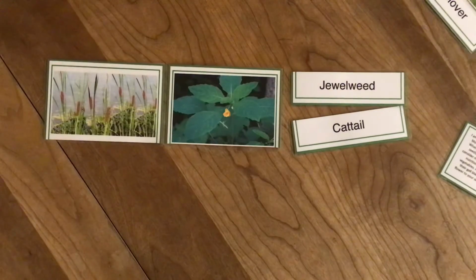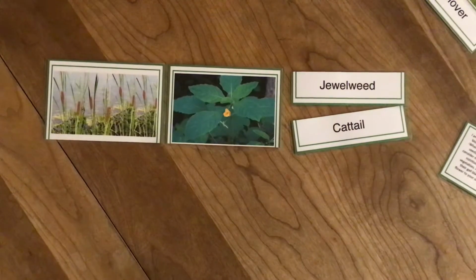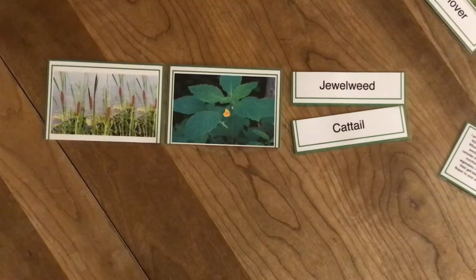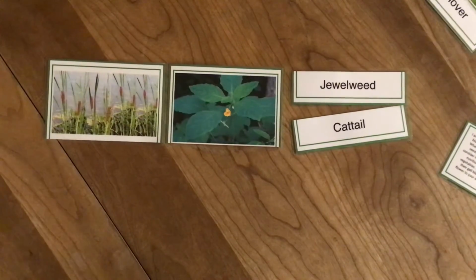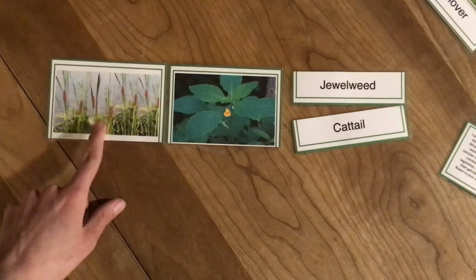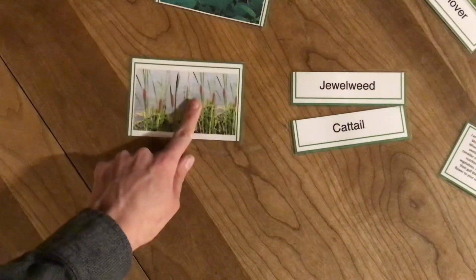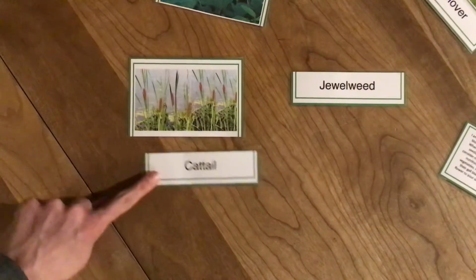I spread my creeping rootstocks and form dense strands where red-winged blackbirds and other marsh-dwelling birds like to live. Who am I? You could see a lot of these at Myrick Park if you walk through the marsh. It is this one. This is the cattail.